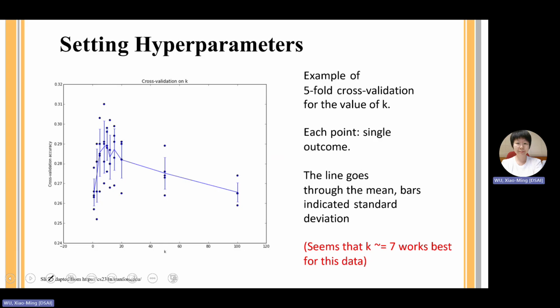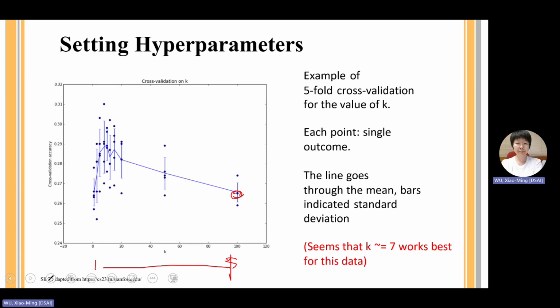Okay, for the CIFAR-10 case, you can see on this graph the result for K ranging from 1 to 100.